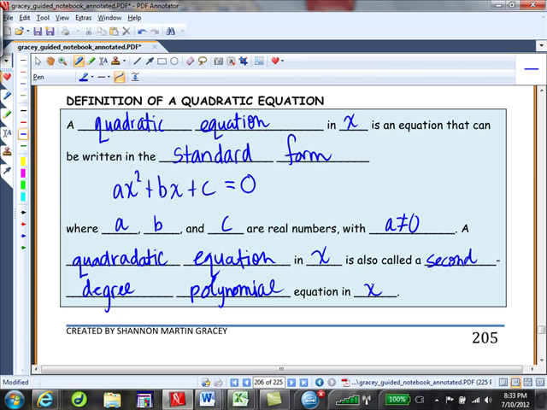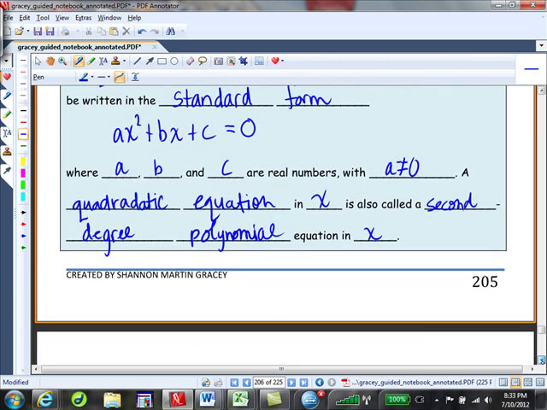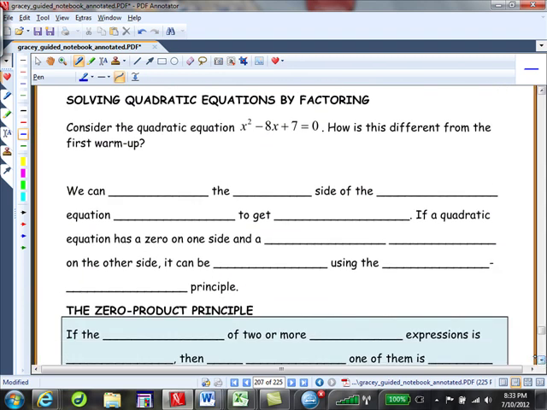All right. So here we go. Solving quadratic equations by factoring. So consider the quadratic equation x squared minus 8x plus 7 equals 0. How is this different than the first warm-up? If you recall, in the first warm-up we had x squared minus 8x plus 7, and our job was to factor it.